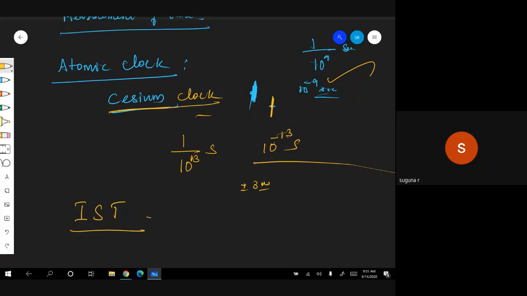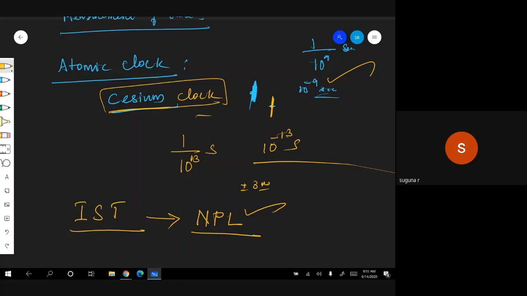IST is maintained by the NPL, National Physical Laboratory, which is in Delhi. How are they maintaining the time? Only by using this cesium clock.